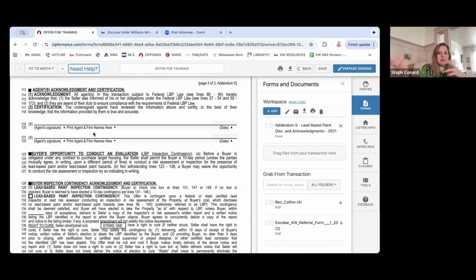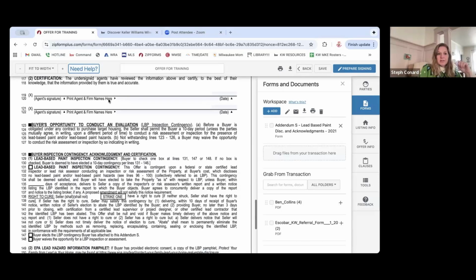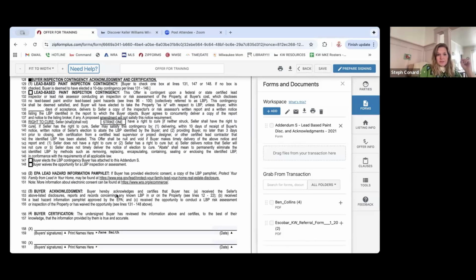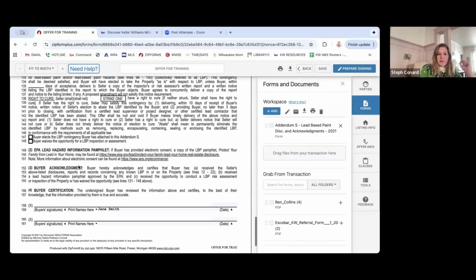So in practice, you guys are going to pick up this lead-based paint disclosure. You're going to see that the seller has disclosed that they are not aware of any lead-based paint. Then the listing agent will sign it. We're going to pick this up as buyer's agents. We're going to sign it, and we're going to go over it with our buyer, present it to our buyer, and then they can determine whether or not they want to have a lead-based paint test done or not.